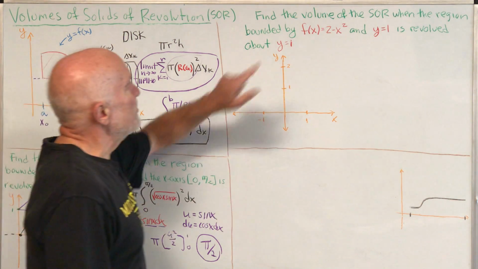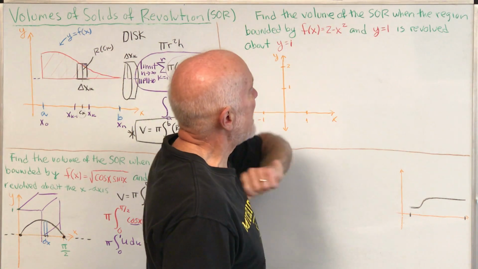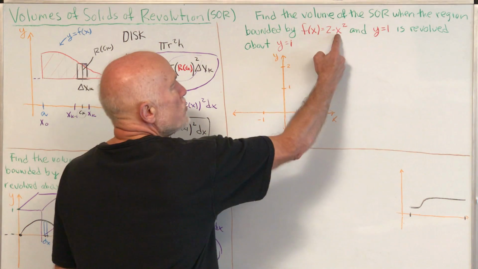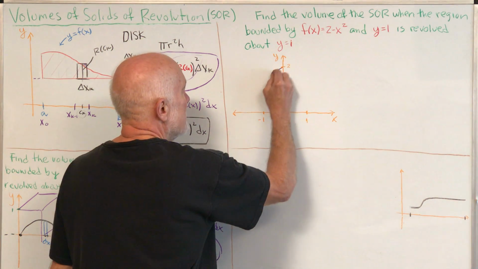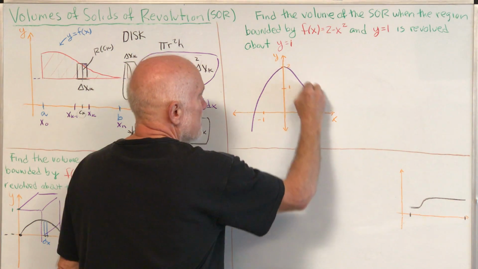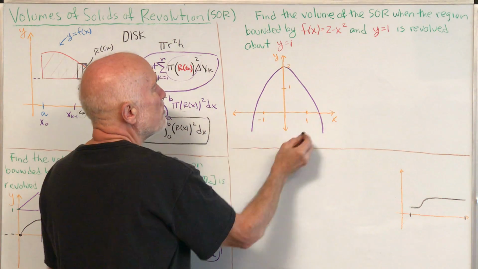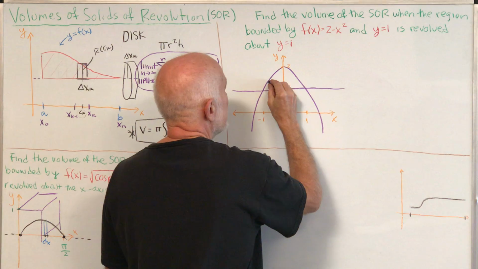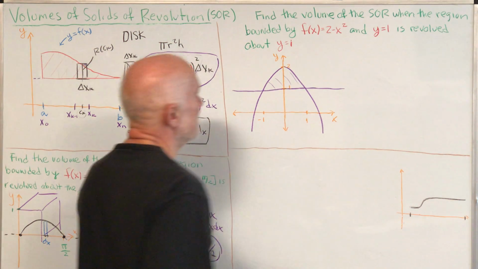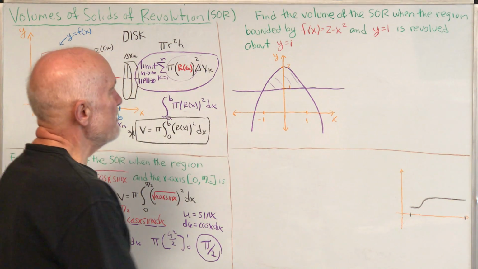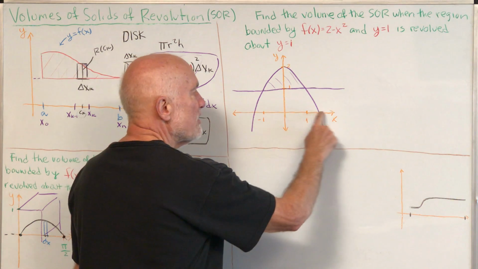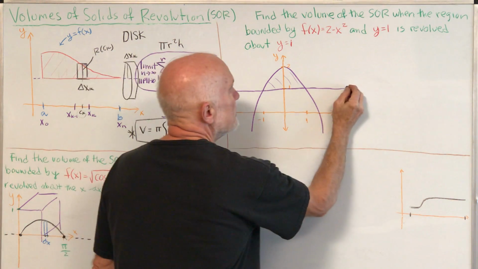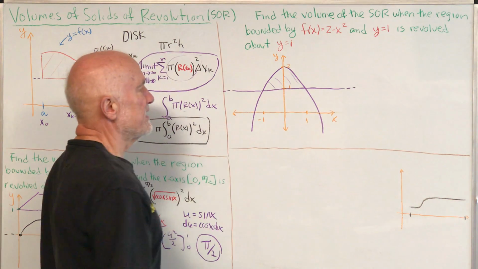Okay, let's try a second one. Find the volume of the solid of revolution when this parabola 2 minus x squared and y equals 1, this horizontal line, form this region. And we're going to revolve it this time not around the x-axis, but around y equals 1.